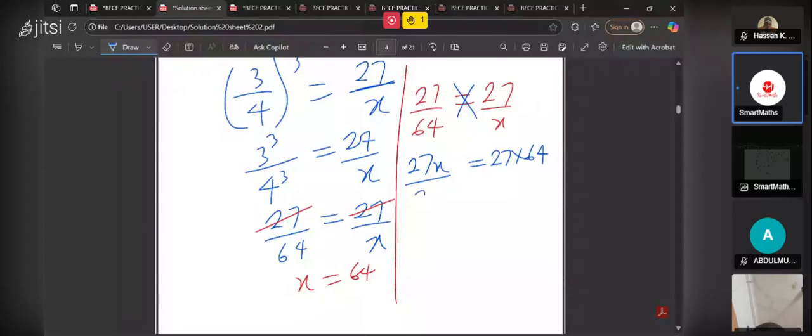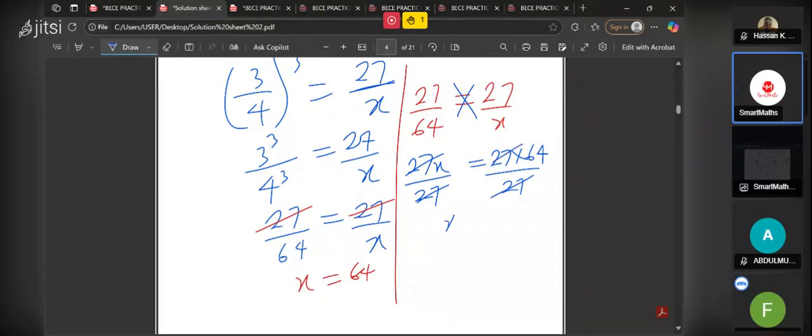Don't waste your time. Divide both sides by 27 straight. Since what you have between them is multiplication, 27 cancels 27. So x equals 64. You can see that the shortcut is faster. The shortcut is applicable when you have two fractions and you can divide.